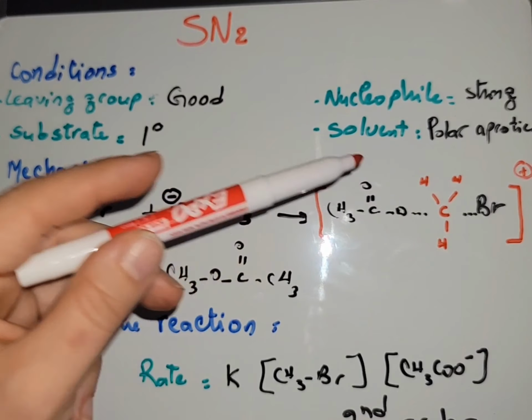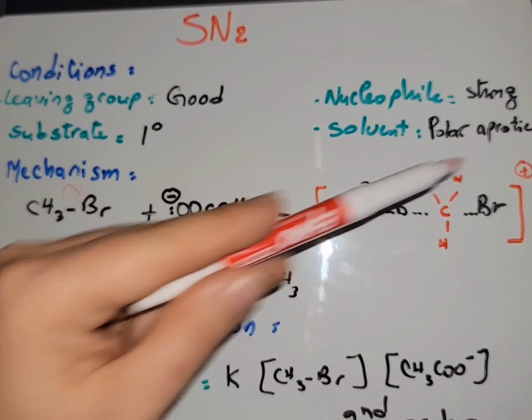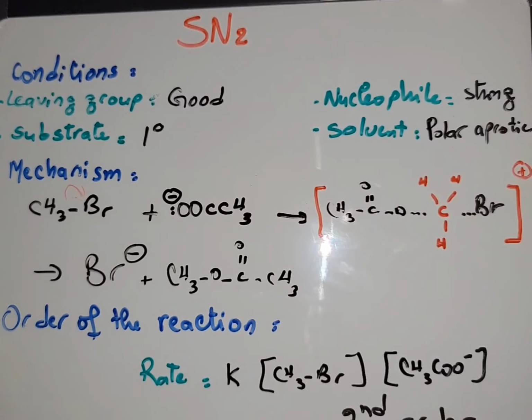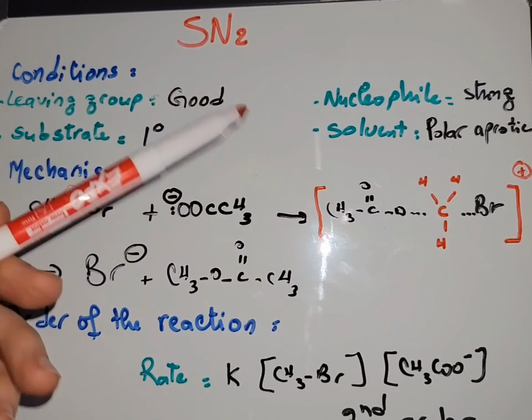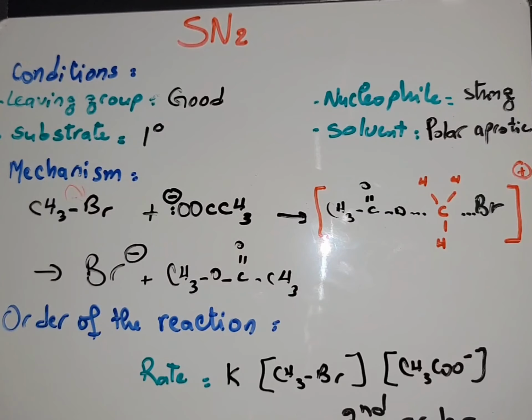And the solvent has to be polar and aprotic for this kind of reaction. Usually we look at the leaving group first, then the substrate, then the nucleophile, and the solvent comes last.